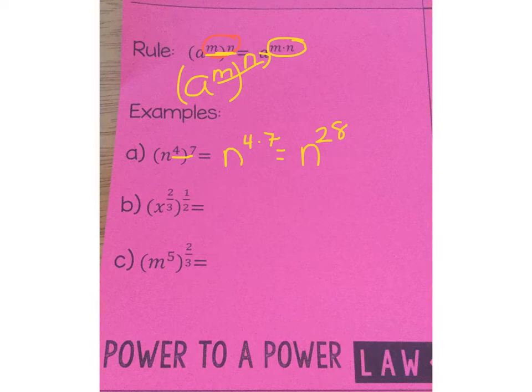Now this one right here, you have fractions. That does not change anything. You are going to multiply. So 2/3 times 1/2. Now remember, when you're multiplying fractions, you just go straight across. So 2 times 1 is 2. 3 times 2 is 6.